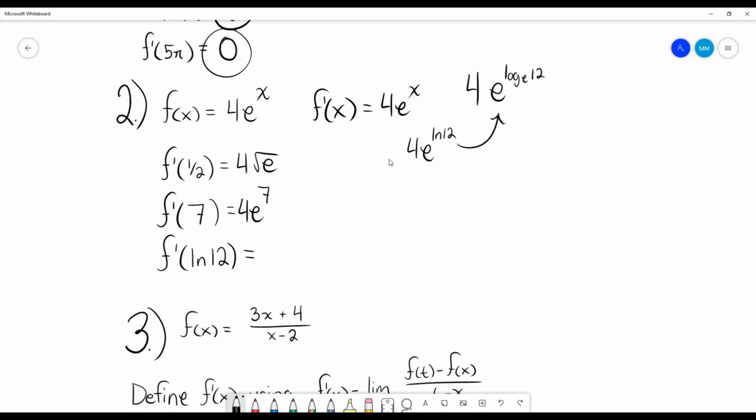That's the same thing as this. Because it's to the power of a log with the same base, those actually cancel out. So e to the natural log of 12 just turns into 12, which means that if we have 4 times e to the natural log of 12, we have 4 times 12, or just 48.